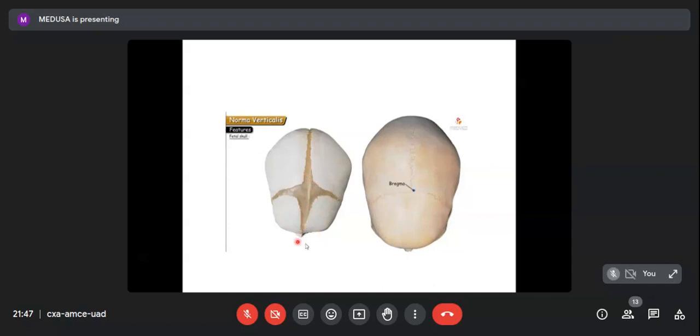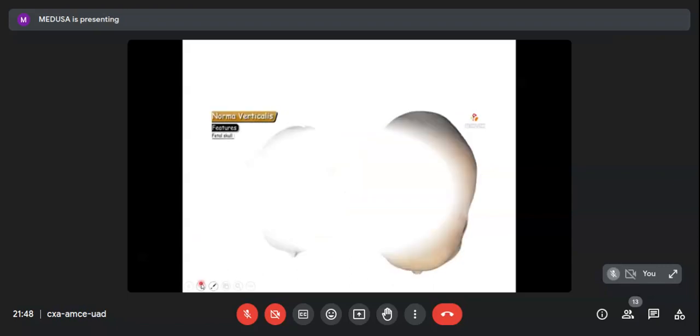That should be the first aspect. Not just because there is an opening there you say something is wrong. The suture is there in about 5% of people, even in adulthood.